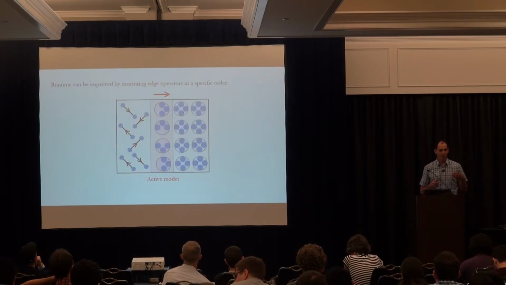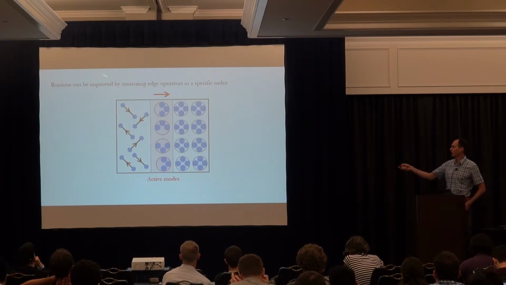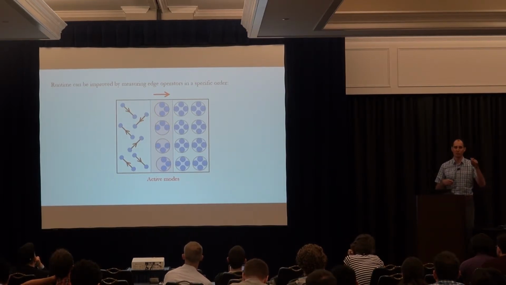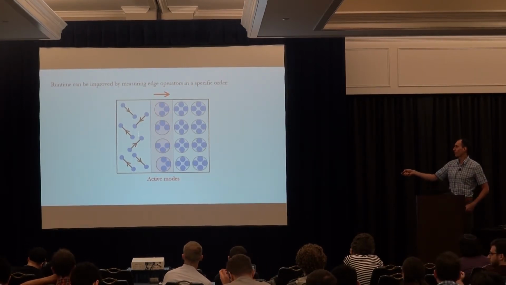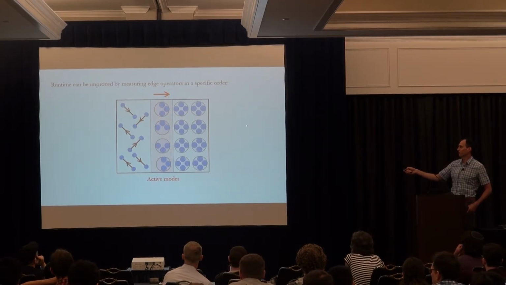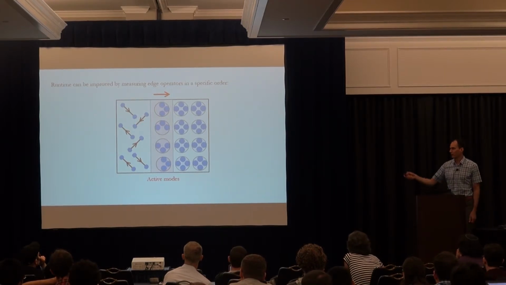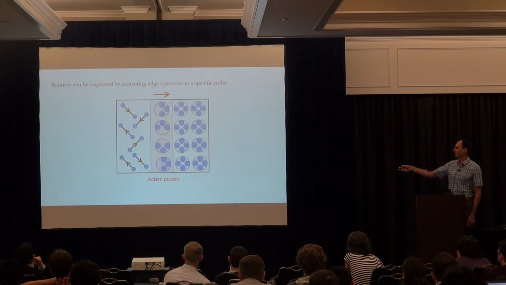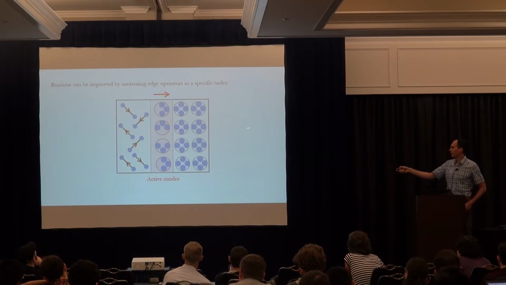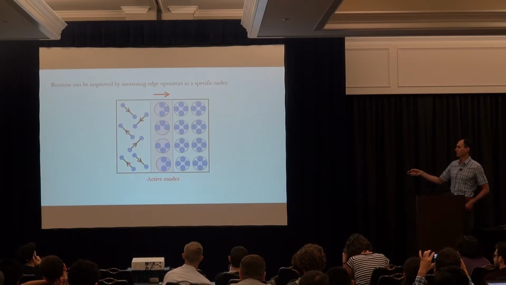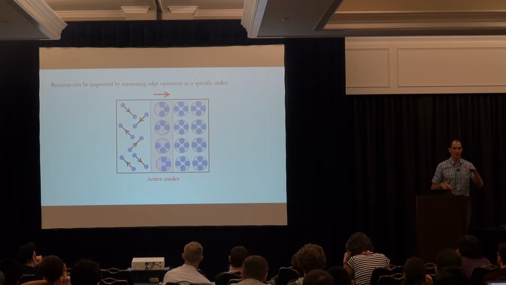We can improve the runtime a little bit by choosing a particular order in which we measure these H operators. For example, suppose I measure these operators column by column, moving from the left to the right. Consider what happens at some intermediate step. All the Majorana modes in this left region have already been measured, and all the Majorana modes in this region on the right are grouped into C4 encoded single qubit states.